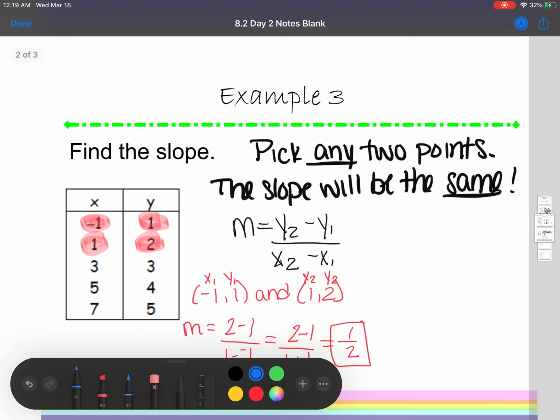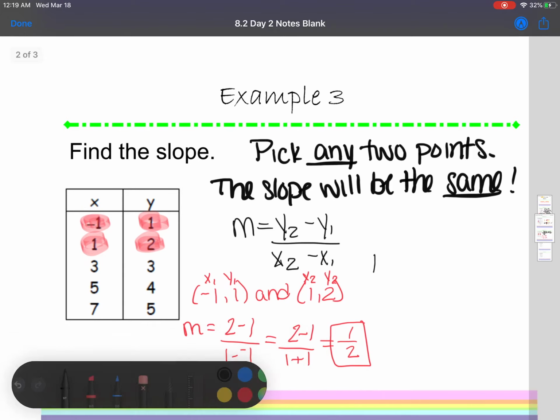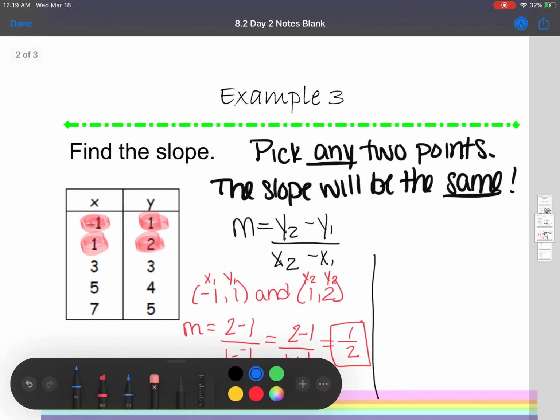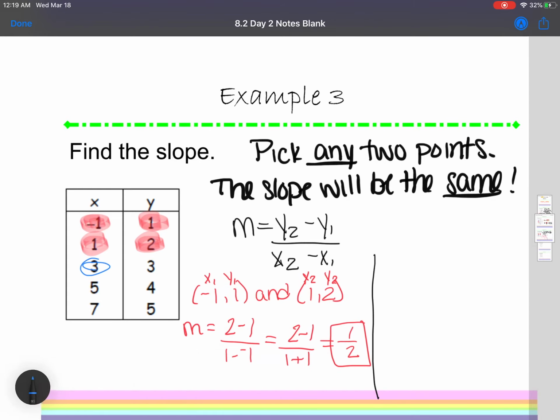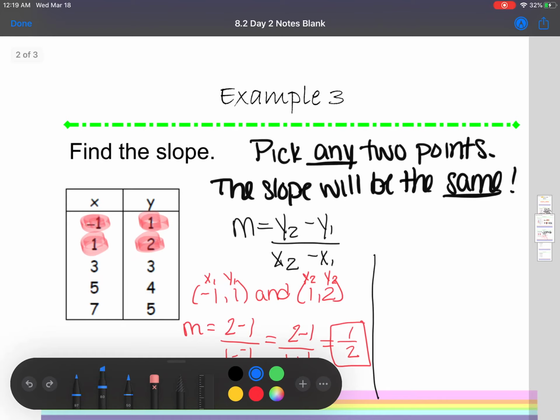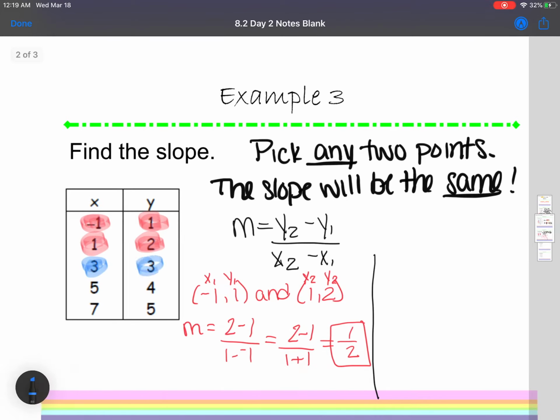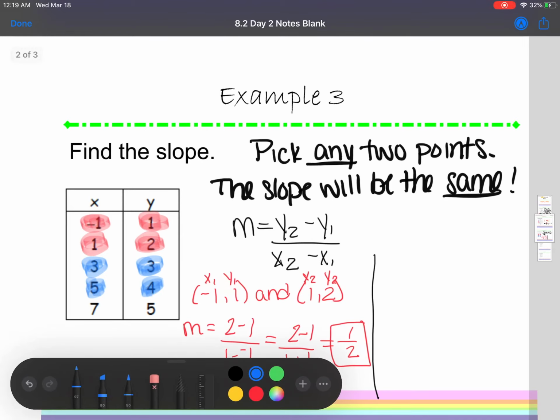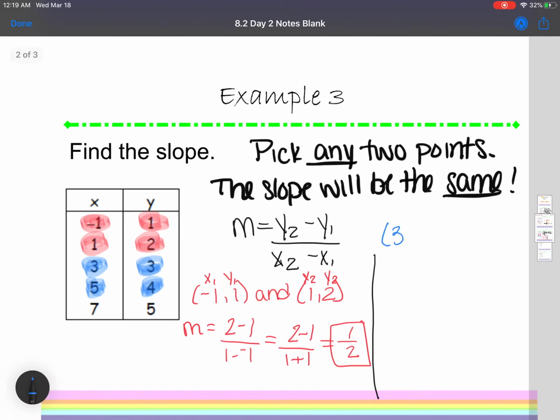Okay? Another set of points I can use for this would be 3, 3 and 5, 4. So 3, 3, and 5, 4. x1, y1, x2, y2.